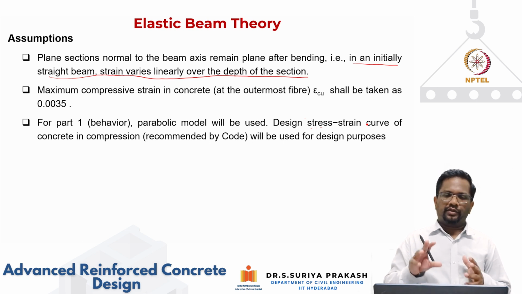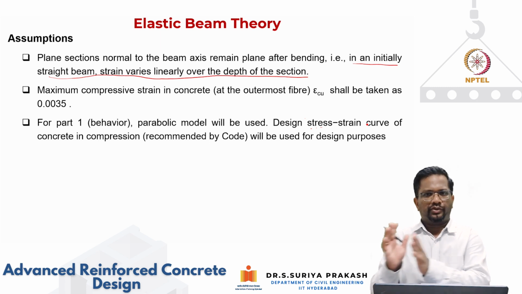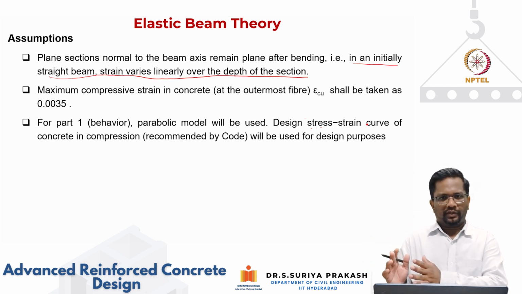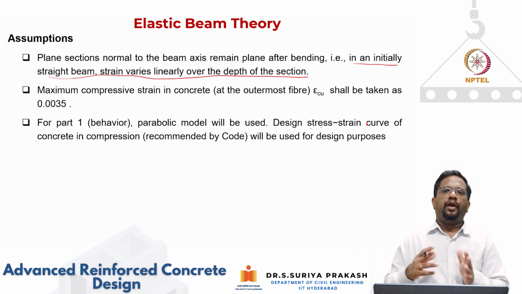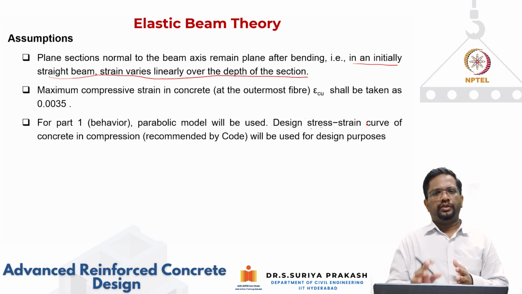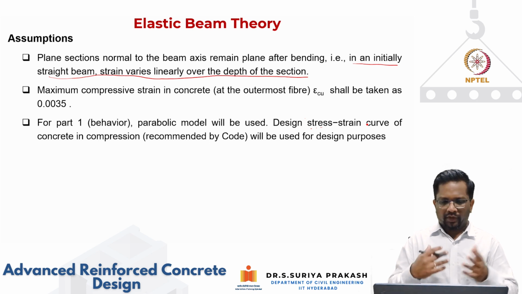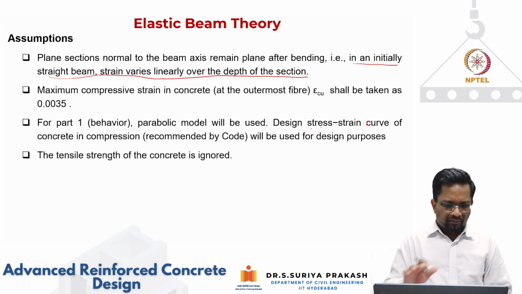So the idea for this part one is, if you are given a set of constitutive equations, how to use them to understand the behavior. Then part two, that is in the fourth and fifth parts of this module, we are going to discuss how to do the calculations using the design stress strain curves that are specified by the IS code. So please do not confuse between these two.